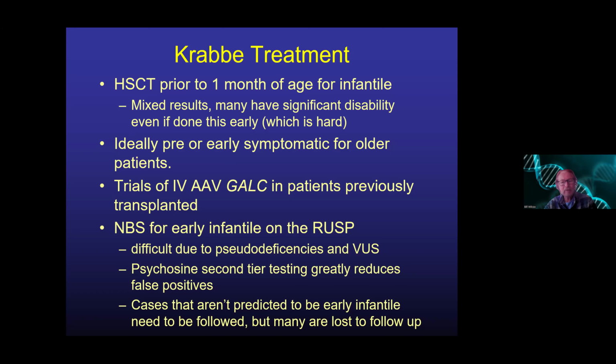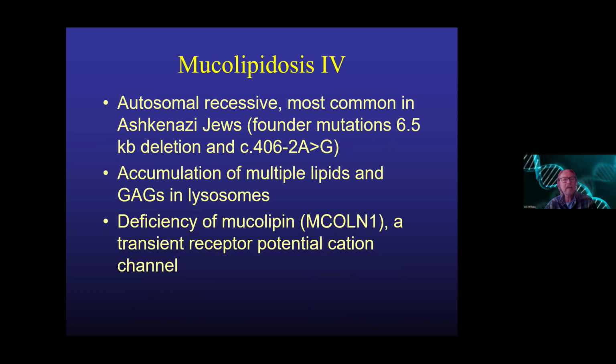Follow up for the ones that have later onset disease predicted is difficult, as New York's program could tell you. Many of them get lost to follow up over time. And you can't just follow cytosine. That doesn't tell you what's going on, because the cytosine may go down and they're still at risk, and it doesn't tell you if they're okay or not. So not ideal.